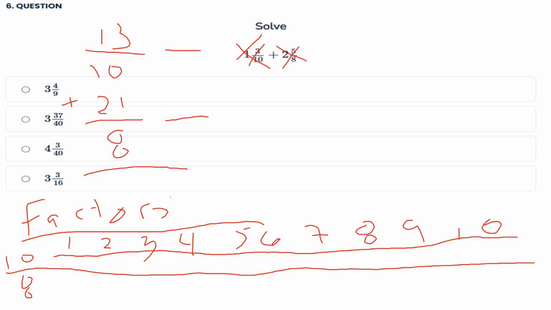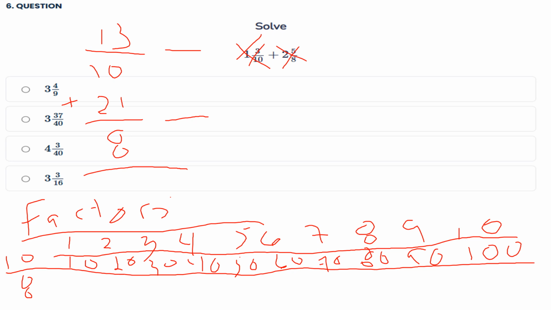So 10 times 1 is 10, 10 times 2 is 20, 10 times 3 is 30, 10 times 4 is 40, let me change that so it doesn't look like a 6 there. 10 times 5 is 50, 10 times 6 is 60, 10 times 7 is 70, 10 times 8 is 80, 10 times 9 is 90, 10 times 10 is 100. So we know what the multiples of 10 are.